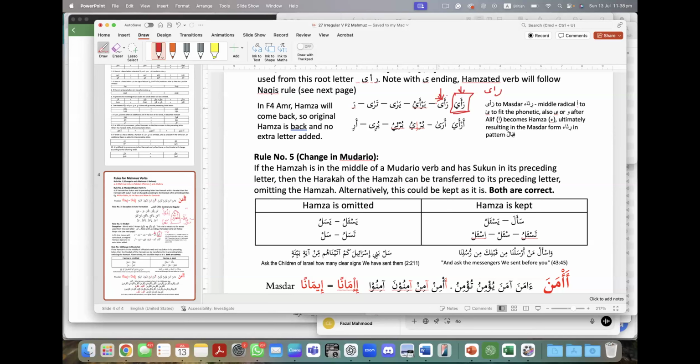Can somebody tell me which rule should apply here? Which letter is affected? Is it the middle letter or first letter or third letter? Middle letter, right? Are you with me? Second and third. Second and third both are right.